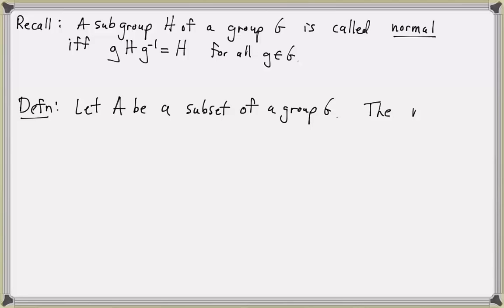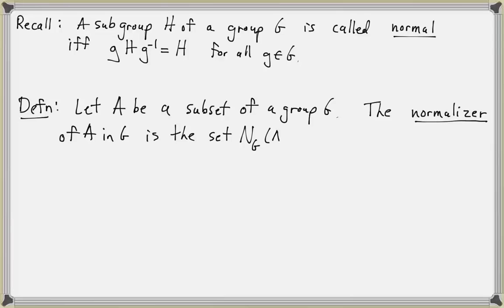Then the normalizer of A in G is the set of all elements of G that normalize this subset A. So more precisely, this is the set, and we're going to denote this by capital N sub G of A. This is the set of all elements g in G for which the conjugate of A by g equals A. So we can think of it as the elements g in G for which the conjugate of A still equals A.